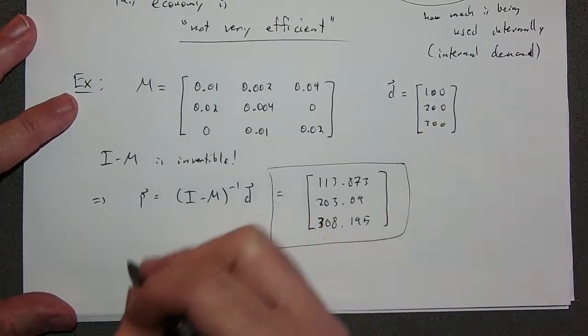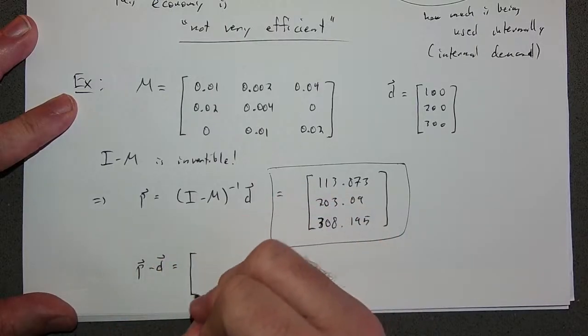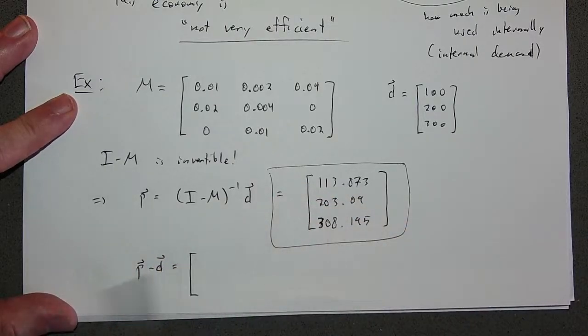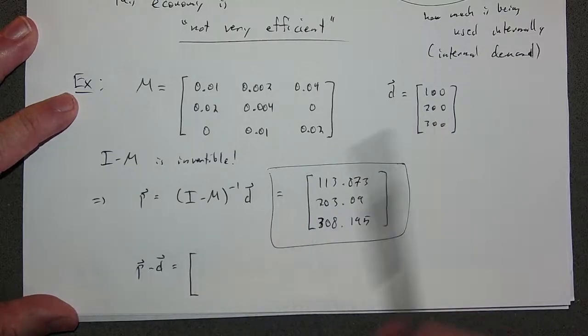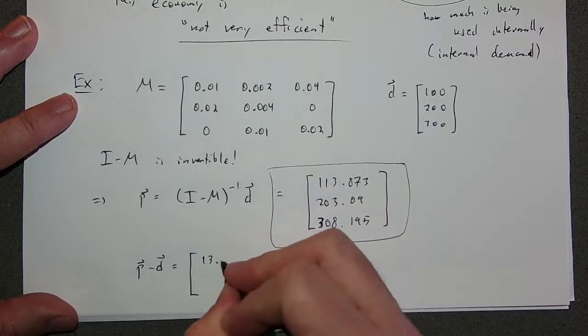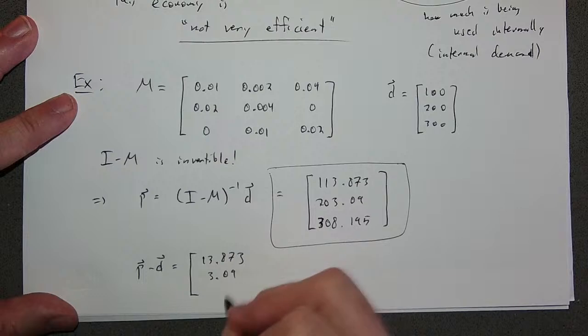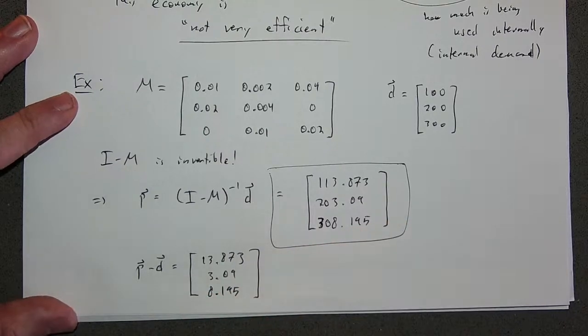So notice here that P minus D is much smaller if we thought about the magnitude of this vector. This would be 13.873, 3.09, and 8.195. What does that mean?